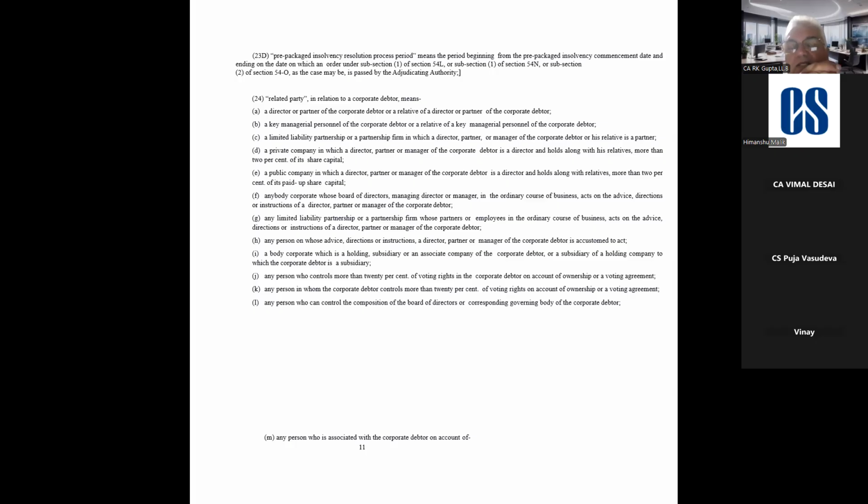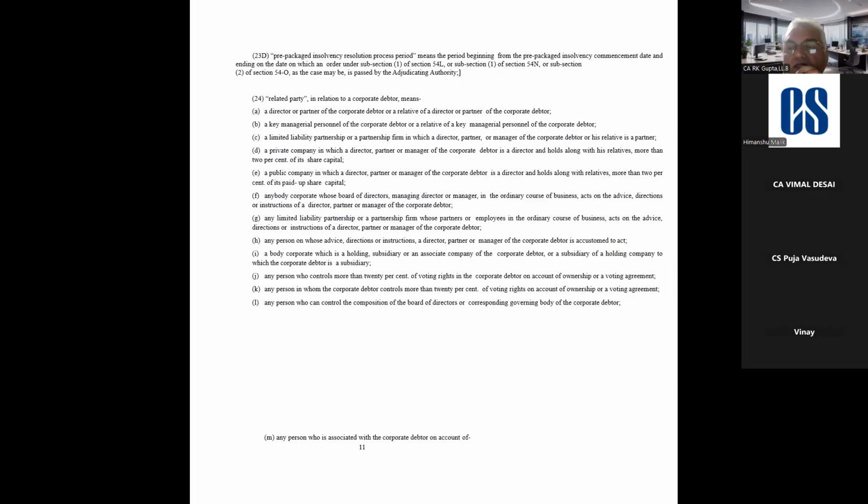So related party is very important from various angles. Number one, the decisions during the insolvency resolution process period have to be taken by a committee of creditors, and the committee of creditors normally consists of financial creditors. I have given you the logic.